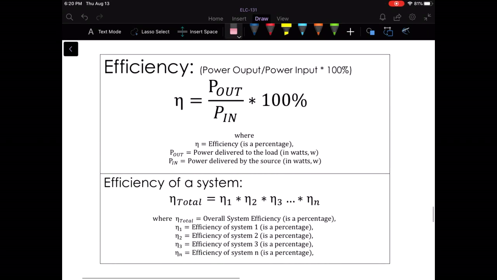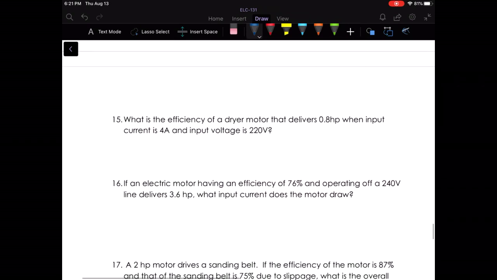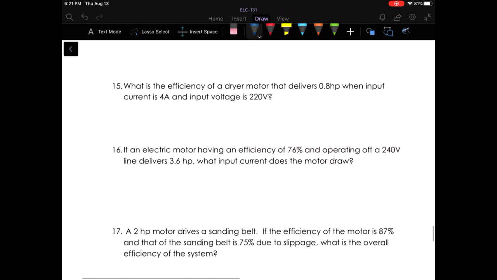Power out and power in, they can be in watts or they can be in horsepower. It really doesn't matter, as long as you use the same units on the top as you do on the bottom of that fraction. Okay, so what is the efficiency of a dryer motor that delivers 0.8 horsepower when the input current is 4 amps and the input voltage is 220?